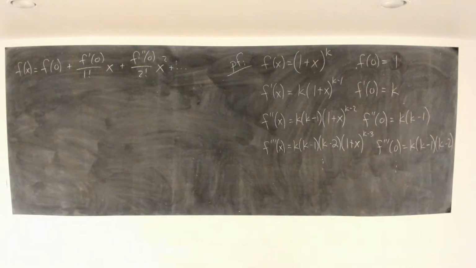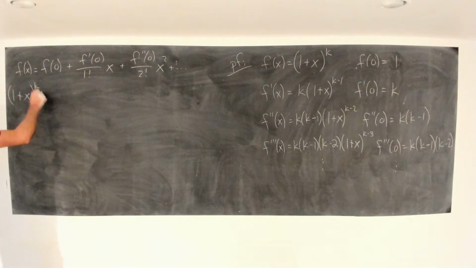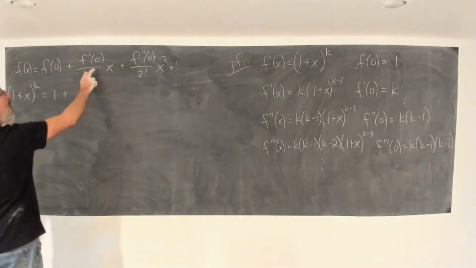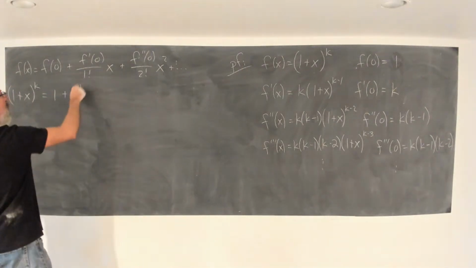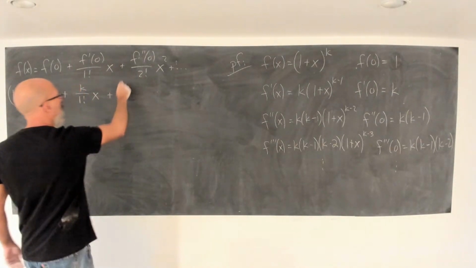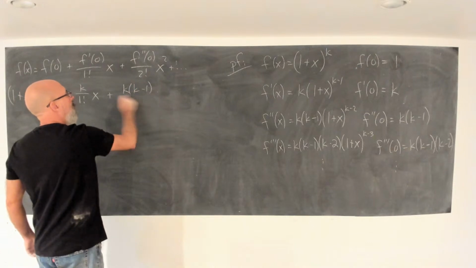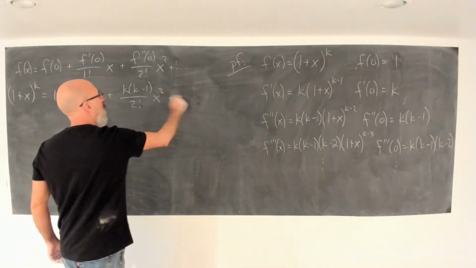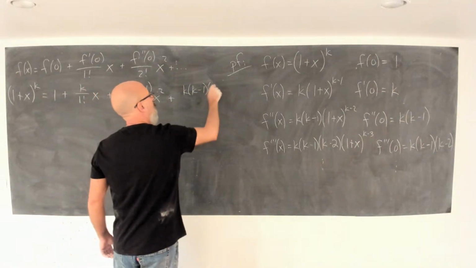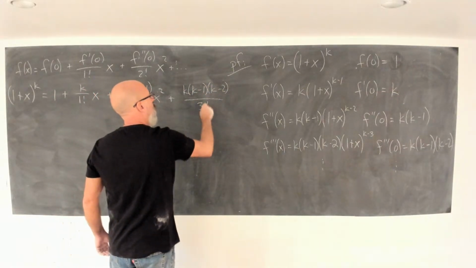In our case, 1 plus x to the k, f of 0 is 1, derivative at 0 over 1 factorial x, second derivative over 2 factorial x squared, third derivative over 3 factorial.